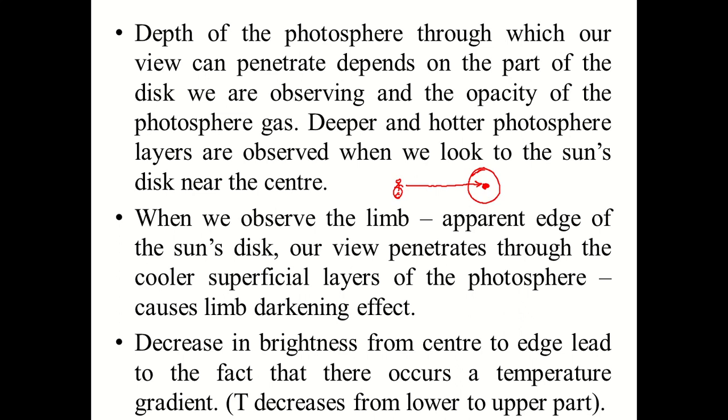If it is hotter, you can see much brighter regions of the photosphere. But when the same person is observing the sun's disk near this one, this is the apparent edge of the sun. These are the photospheric layers.